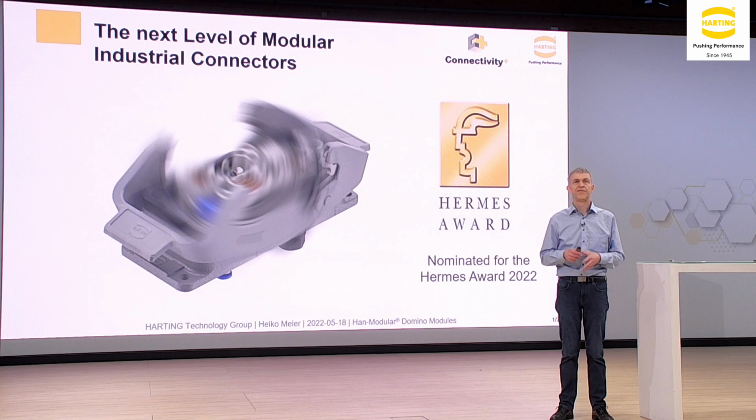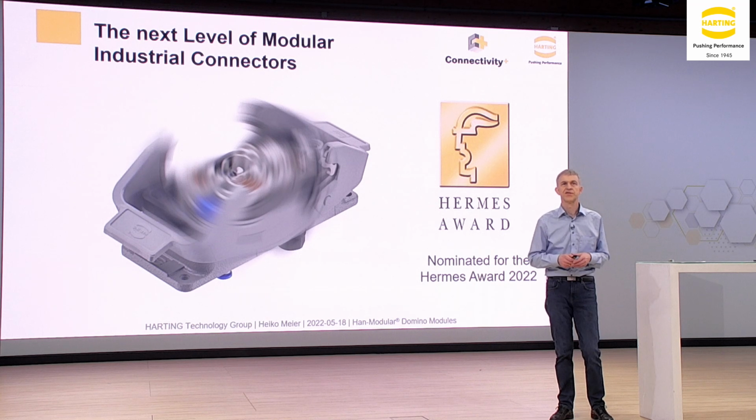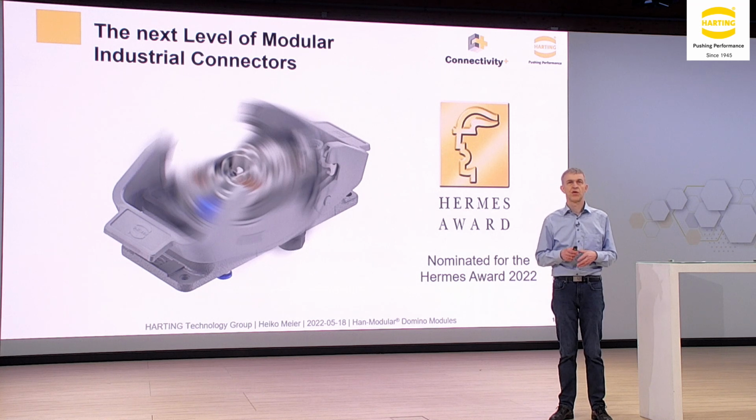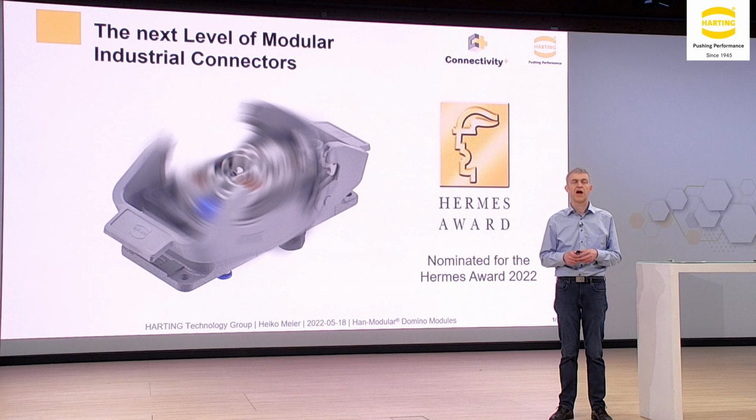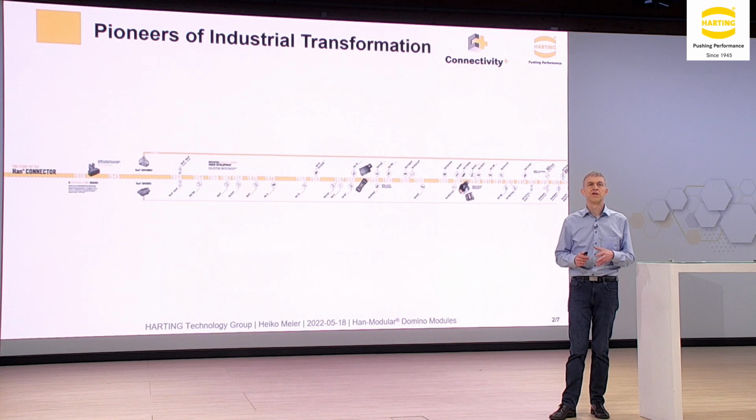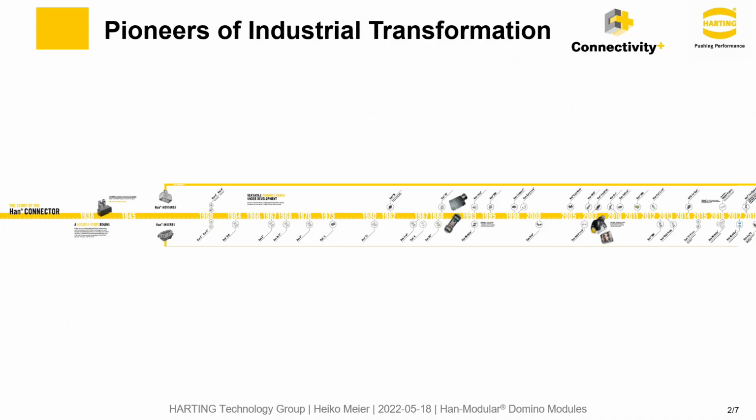But before we start this detailed explanation, I want to show you a short overview about the historical development of our industrial connectors. So we have here a short overview about the most important steps for the development of the industrial connectors.